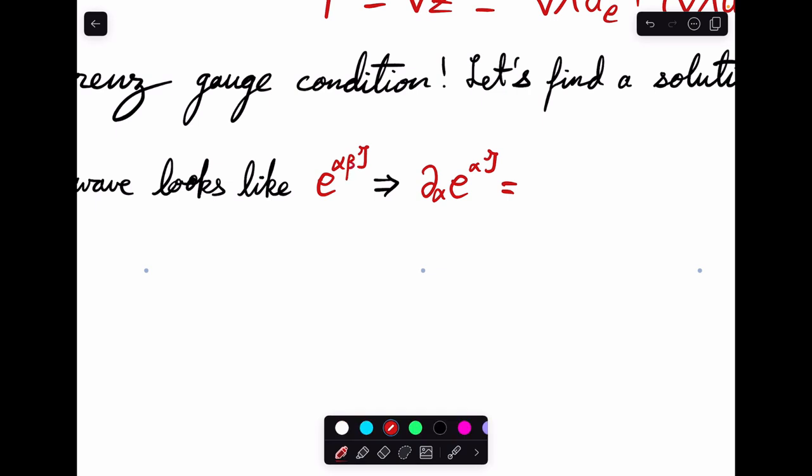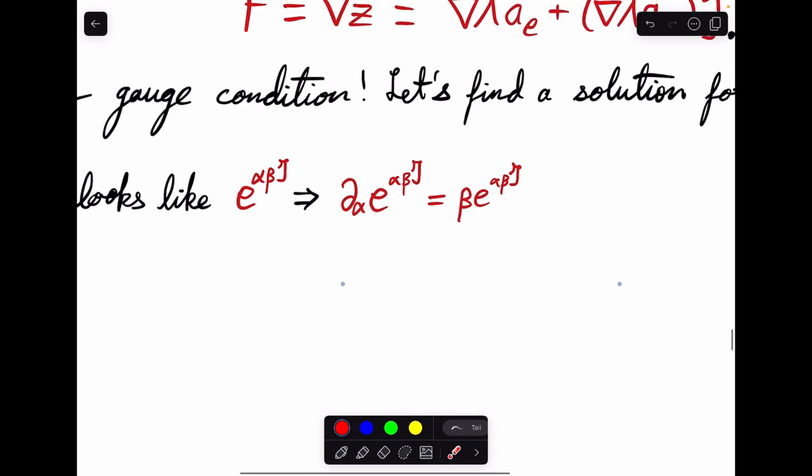If you take the derivative with respect to alpha, then you get beta e to the alpha beta I. This emphasizes that the derivative gives a wave as well, but with an extra constant out front. And this didn't have to be the derivative with respect to alpha. It could have been with respect to beta, and you get alpha down here. The point of this was to show that the derivative with respect to something in the exponential still gives you a wave, just with an added constant out front.